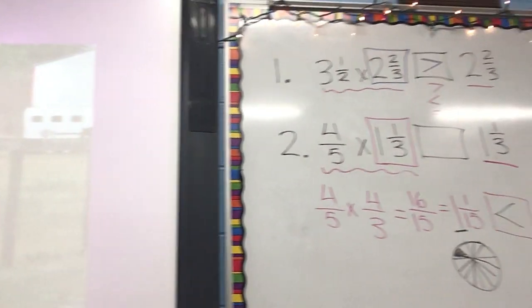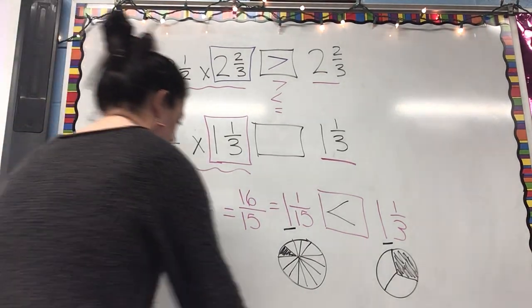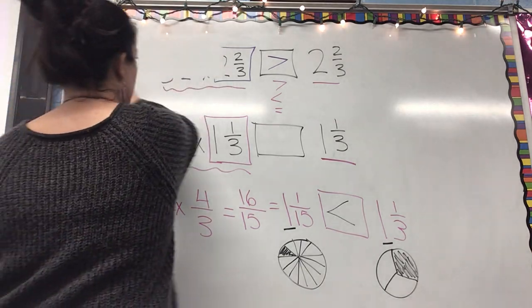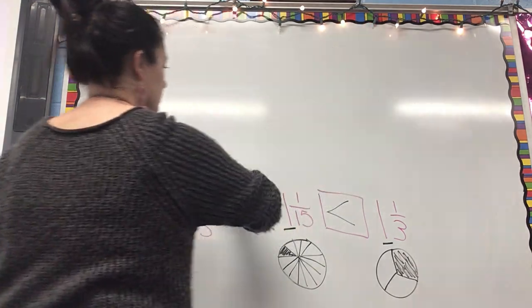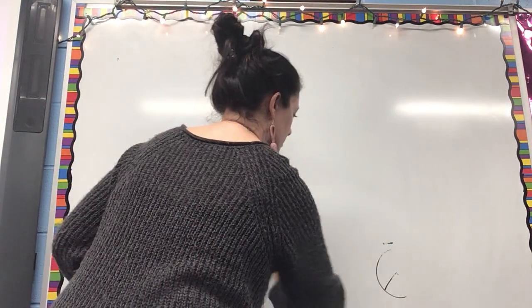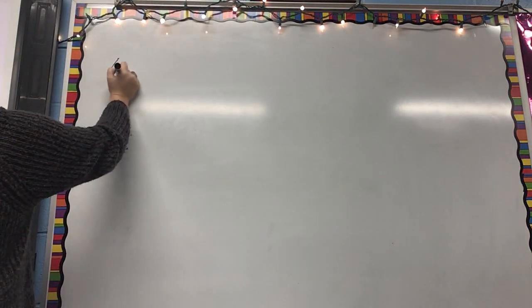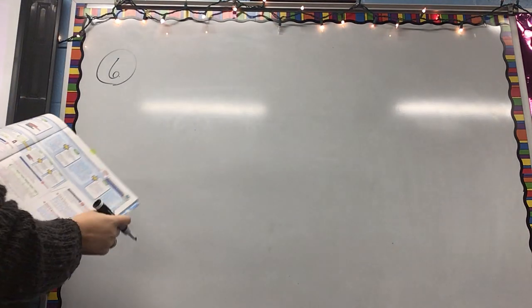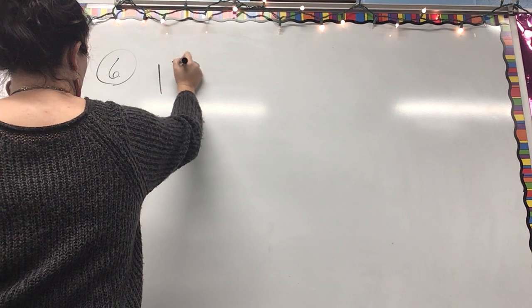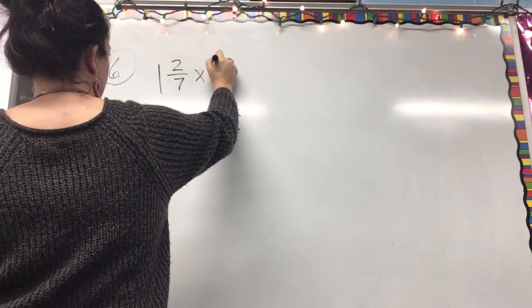All right, last one. Number 6. 1 2/7 times 5/5.